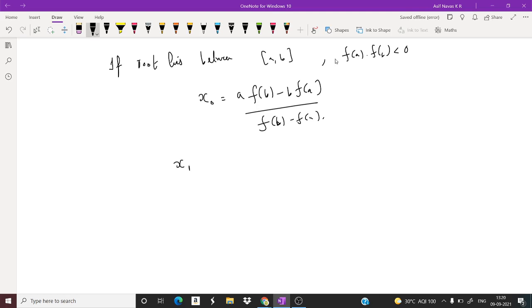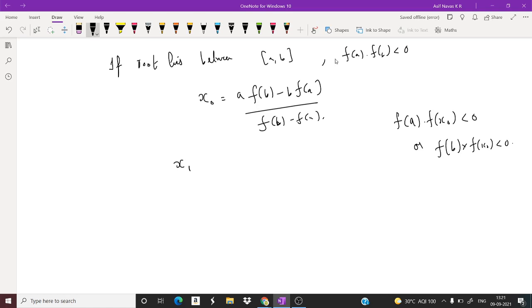Now to find x1, you have to check whether f of a into f of x naught is less than 0 or f of b into f of x naught is less than 0.